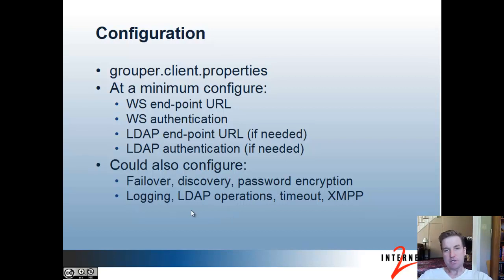LDAP operations, you can configure various queries to LDAP, and this client can make it easy to do those if you don't have another way. The timeout, how long it waits for a response before it considers it an error. If you're using this for XMPP messaging, you could configure that in the Grouper client properties.